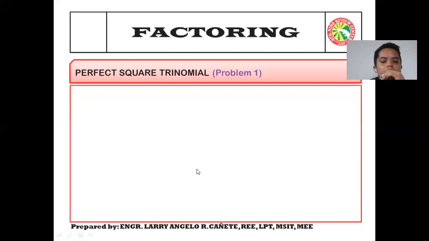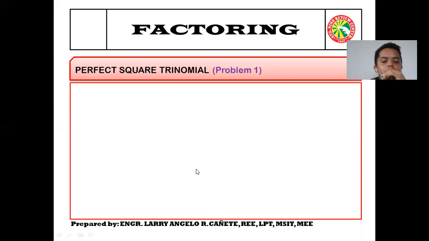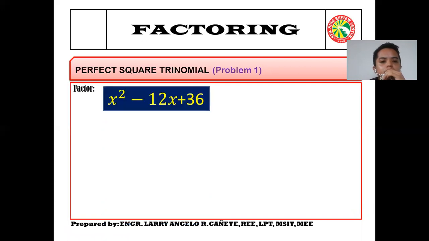I'm going to have an example, since you probably want to know how to operate on a perfect square trinomial. Let's have an example: x squared minus 12x plus 36.